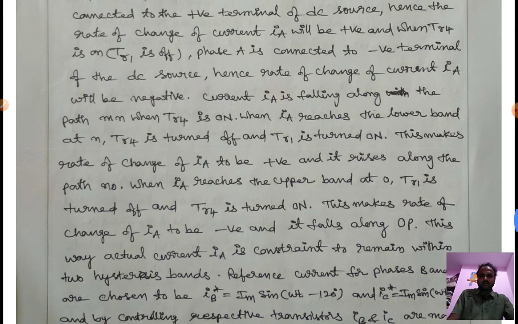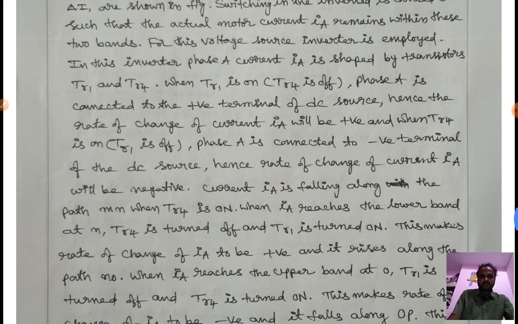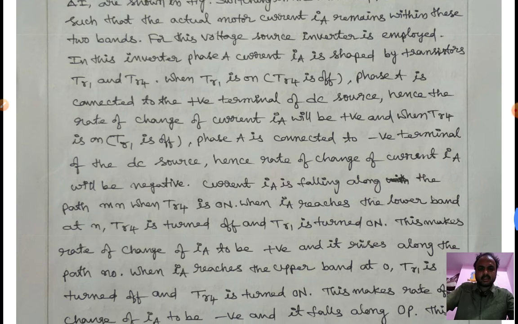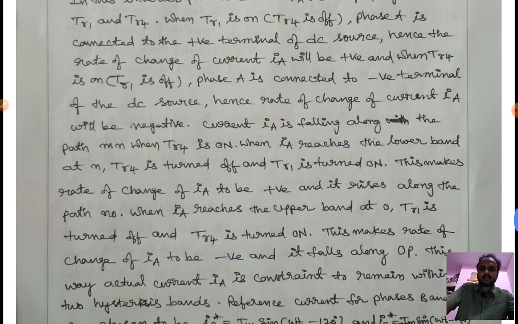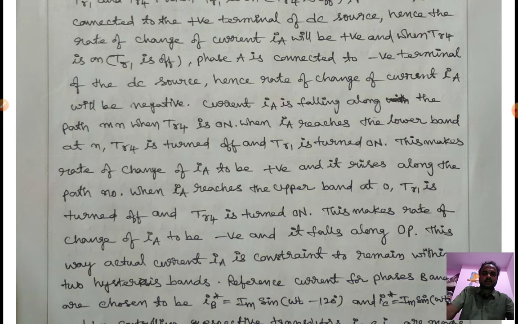Now we will see how these transistors operate for the induction motor. In the voltage source inverter employed here, phase A current IA is shaped by transistors TR1 and TR4. When TR1 is on, TR4 is off. Phase A is connected to the positive terminal of the DC source, hence the rate of change of current IA will be positive.